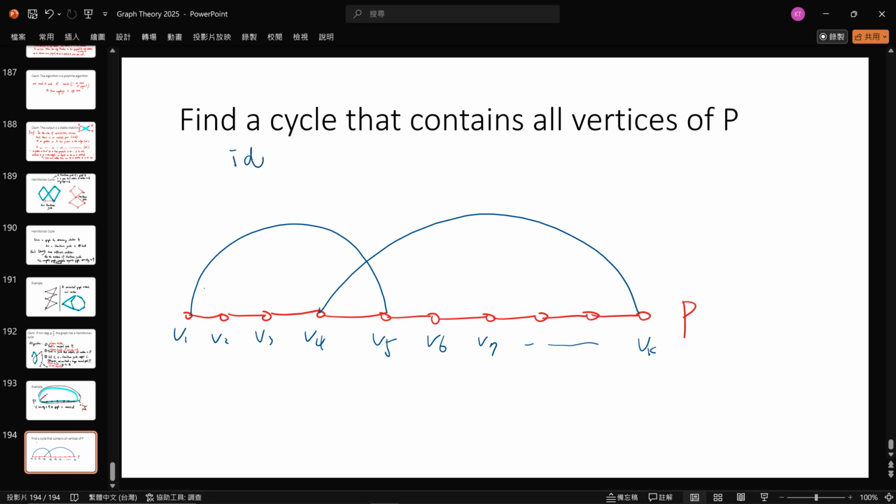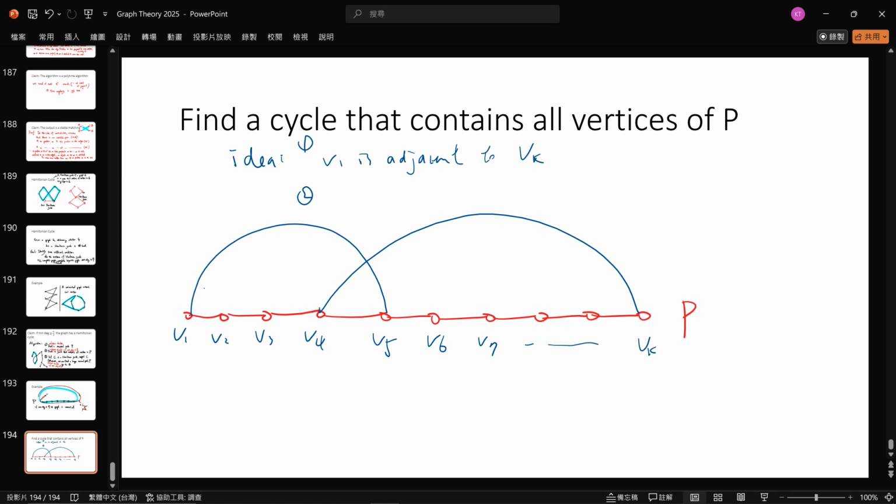So the idea is that, first we can check if V1 is adjacent to Vk. This is the obvious case. And if V1 is not adjacent to Vk, then we can use the second idea.